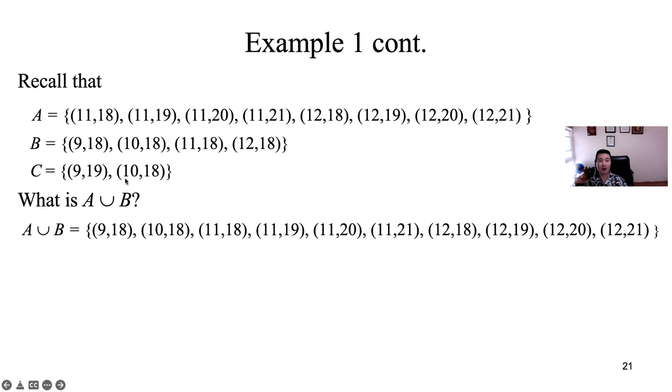For example, 11 and 18 occurs in both A and B, so make sure you only write it once. Do not repeat 11 and 18. So this is A or B.